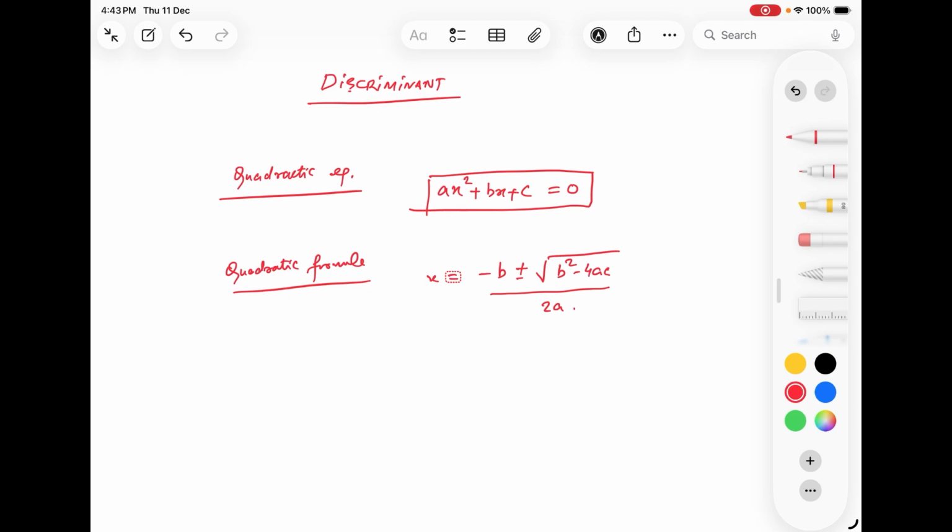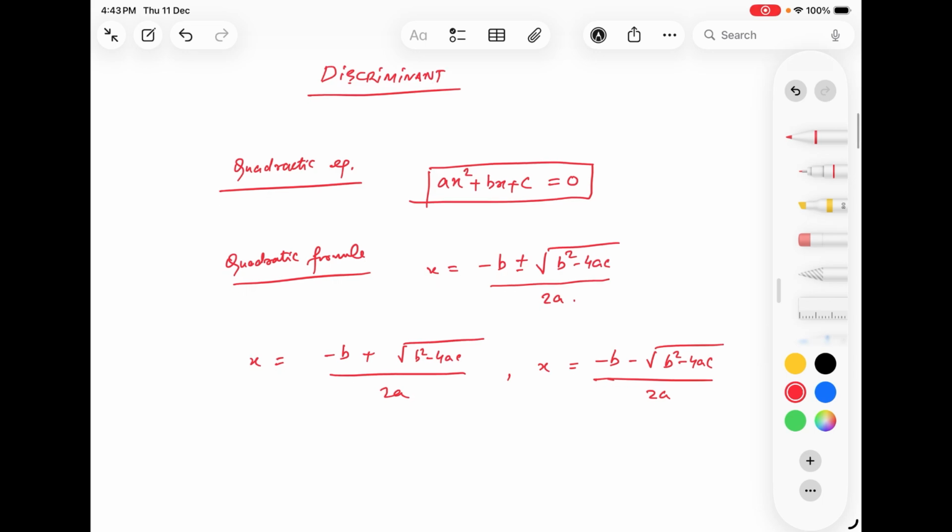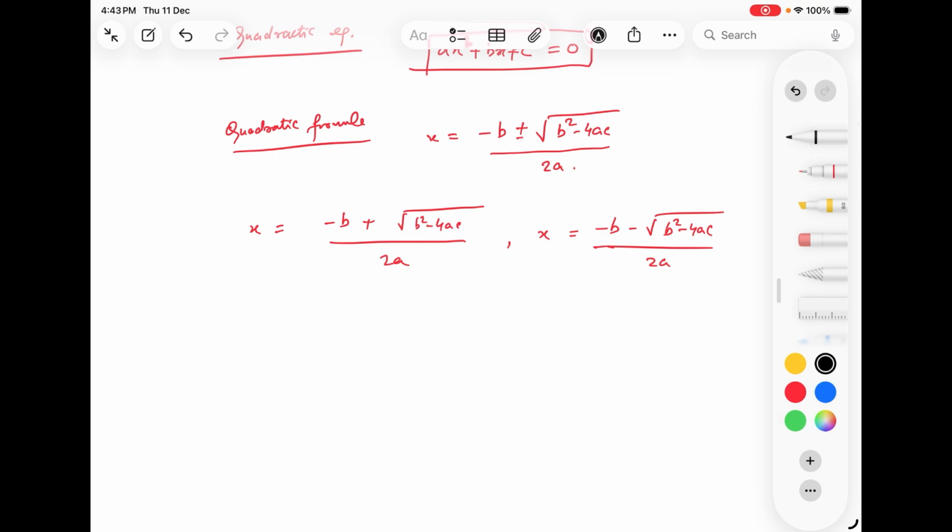That is, once we take x equals to minus b plus root of b square minus 4ac upon 2a, and other time we take minus b minus root of b square minus 4ac over 2a. So here this b square minus 4ac is known as the discriminant. What's the discriminant? B square minus 4ac.